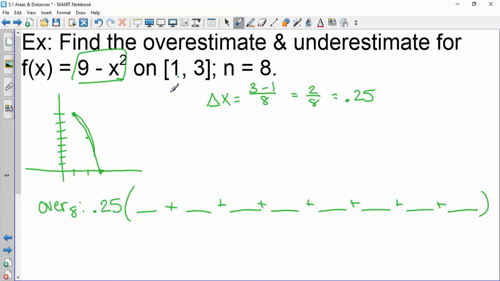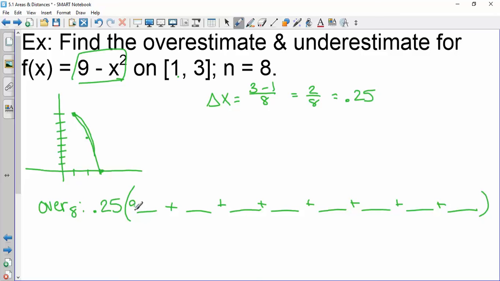I'm starting at 1. So my first rectangle starts at 1, ends at 1.25. Which one would give you a bigger number if you plugged it in here? 9 minus 1 squared or 9 minus 1.25 squared? Which one's bigger? 1. So this time for my overestimate, I have to start with the 1.